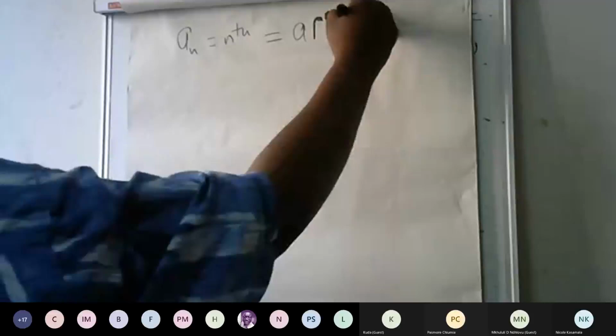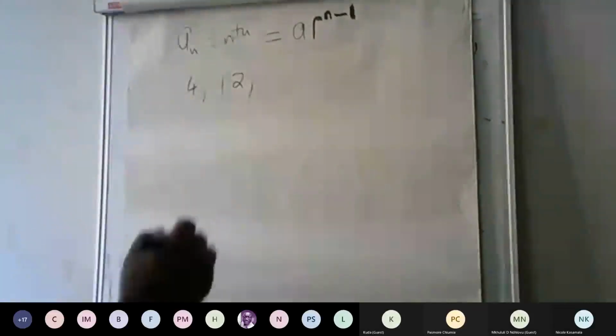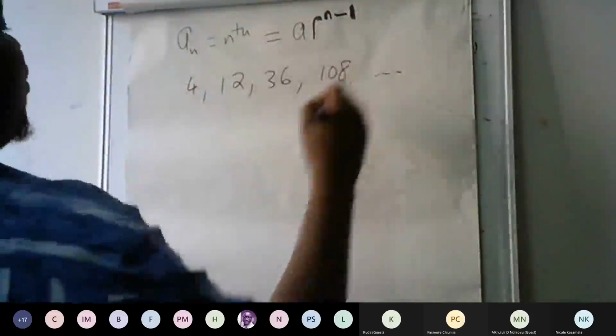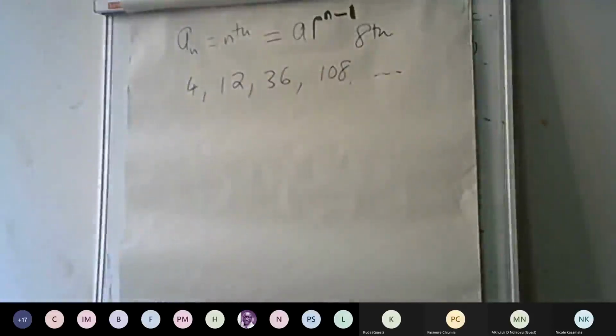We can have one example that you can look at with your friends: find the eighth term of the following geometric sequence: 4, 12, then 36 and 108. You're looking at the eighth term of that geometric progression or geometric sequence.